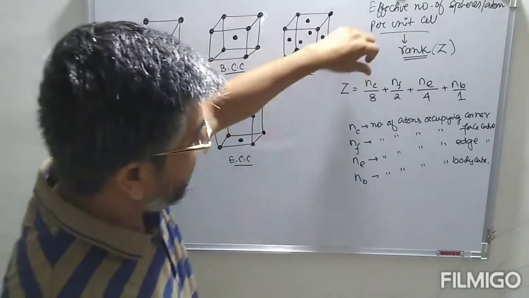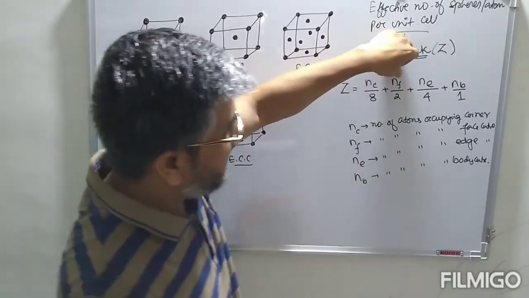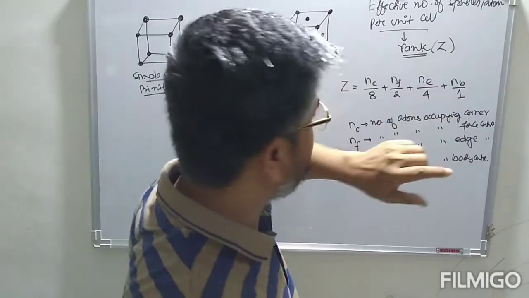So we have the number of atoms occupying corner, face, edge center, and body center.